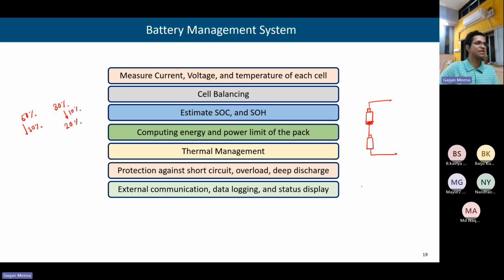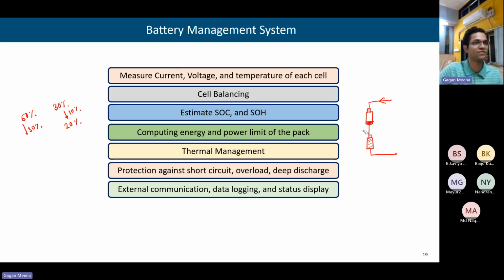Somehow this one cell went into deep discharge and it has degraded, its capacity is degraded, and this is fully charged. And if these two are connected in series, then what will happen? If we want to charge it, this will not allow because they have to carry the same current, right? And if you want to discharge it, then this will not allow.